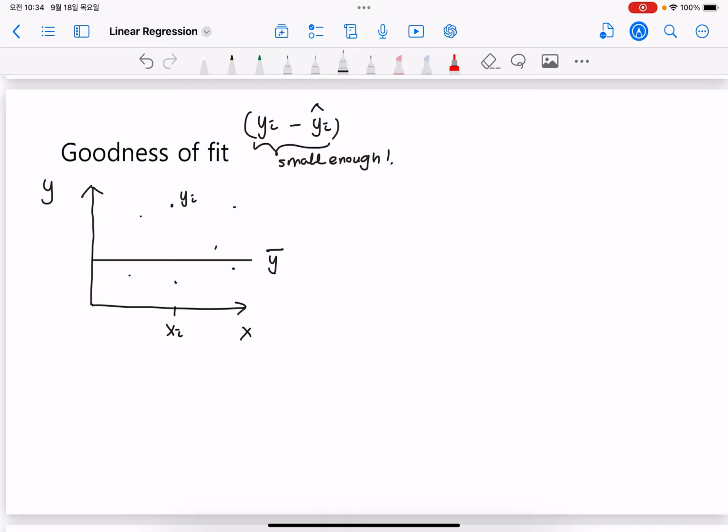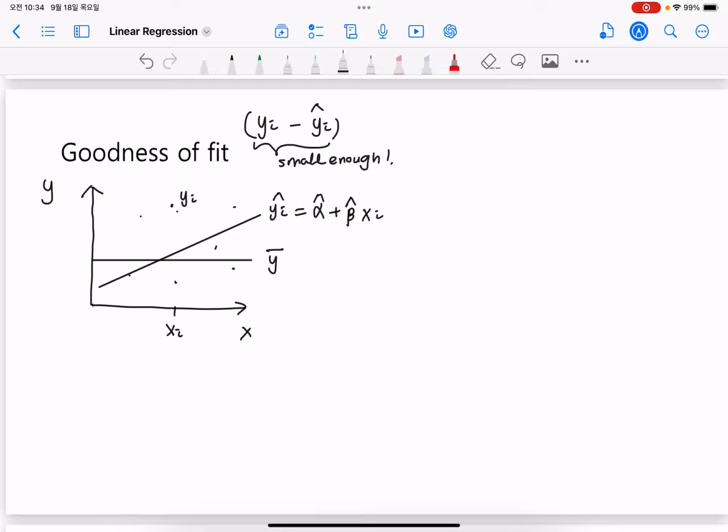This is nothing more than averaging across all i's in the data points, okay? Now, after the regression analysis, you get this estimated line, which is again y hat equal to alpha hat plus beta hat times xi.